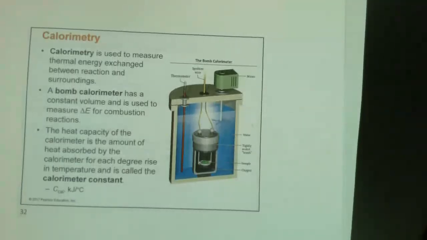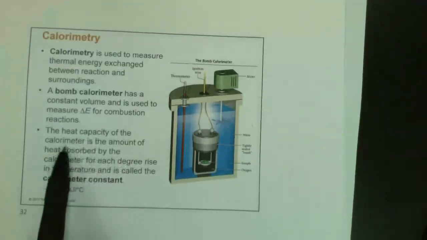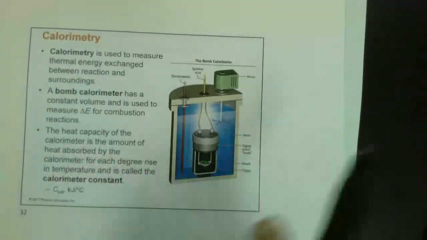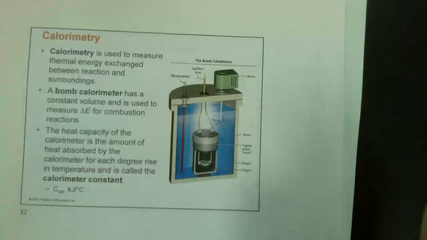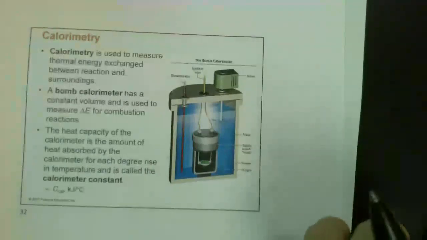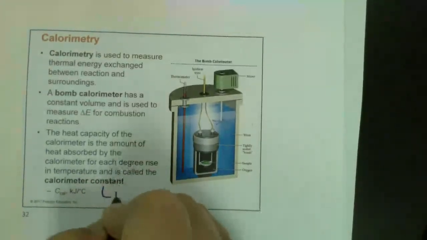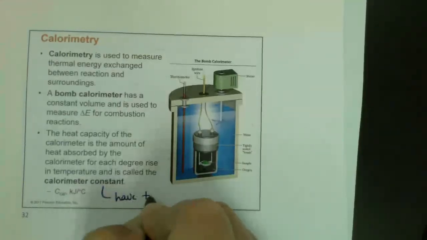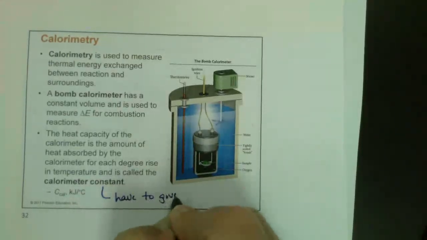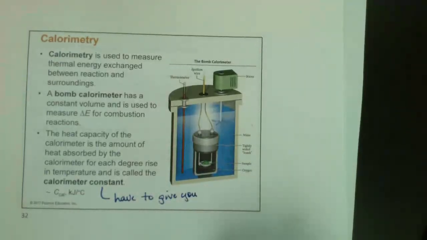Now, there are some things you have to take into consideration, okay? One of which is the heat capacity of the calorimeter, or how much that calorimeter absorbs. So that's going to change your value. That has to be figured in, and they have to give you that value. Now, remember, specific heat capacity is joules per gram Celsius.